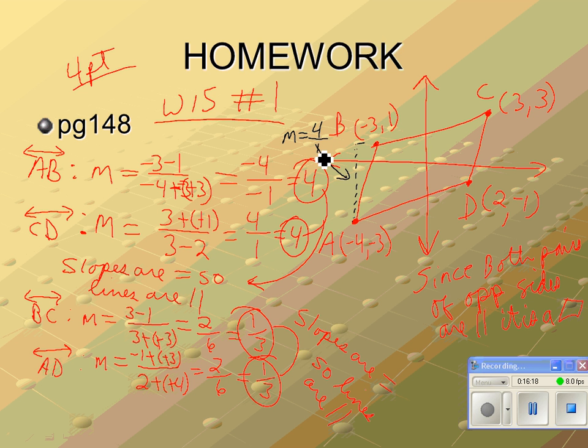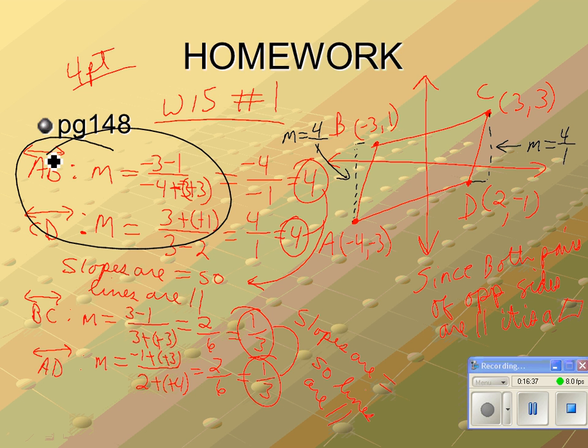Show that, then still say, since these slopes are the same, the lines are parallel. You just wouldn't have had to do all this work. So yeah, that's a good point.